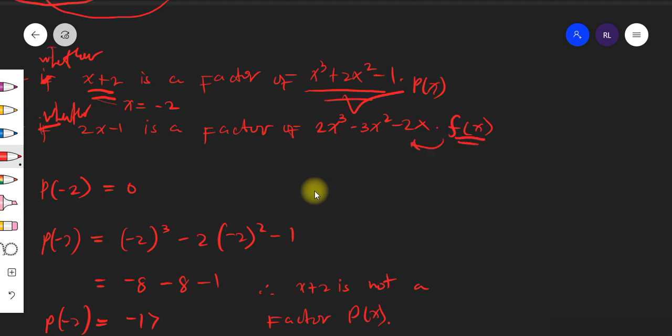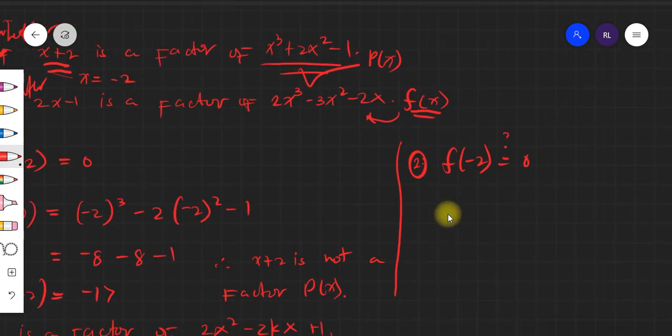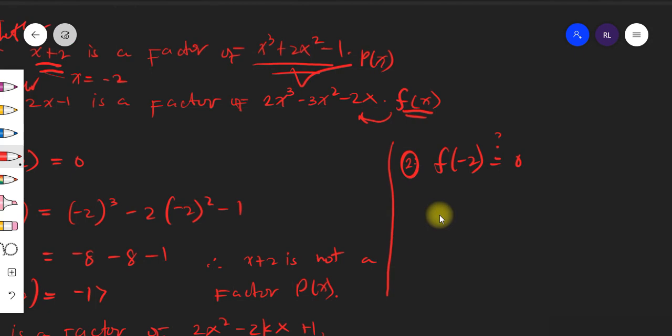We are trying to see if f of 1 over 2 is 0. If 0 is the result, then 2x minus 1 is a factor. So let's continue. We have 2 times negative 2 cubed. Oh, no, that's not right.